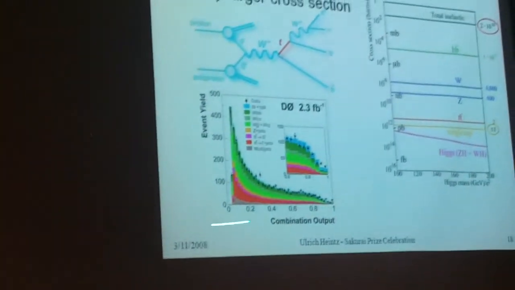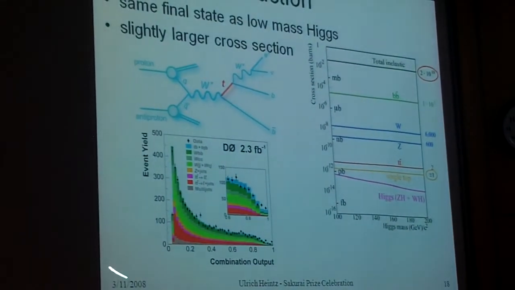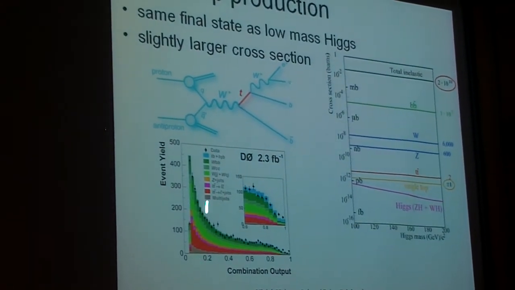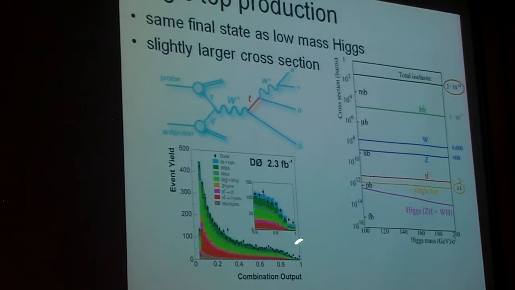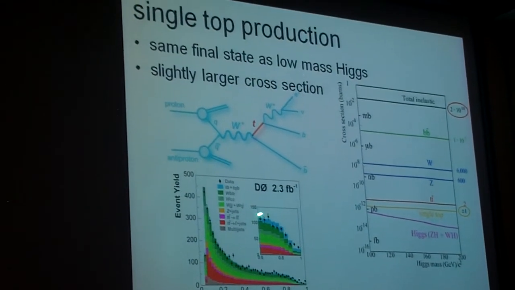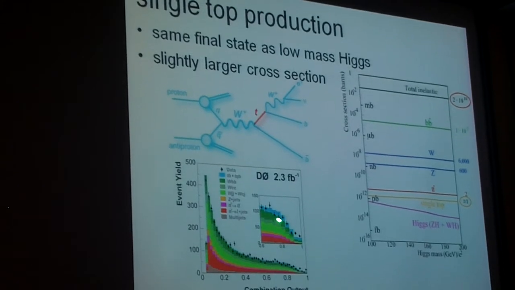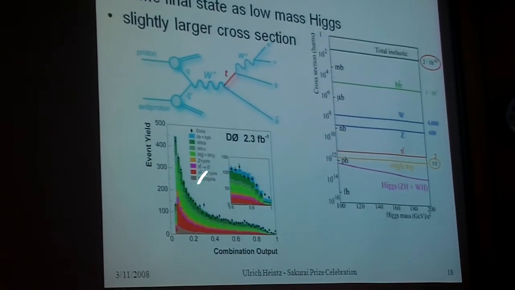So here is a multivariate discriminant. Background-like events are near 0. Signal-like events are near 1. And if you zoom in on the high tail here, you see that you need this light blue component, which is the signal part.